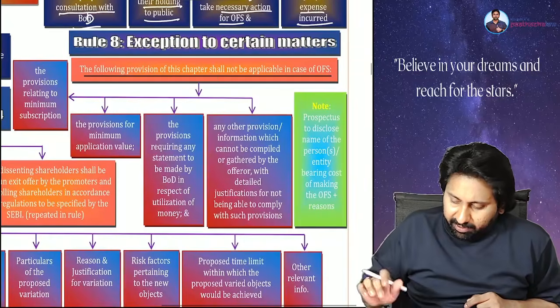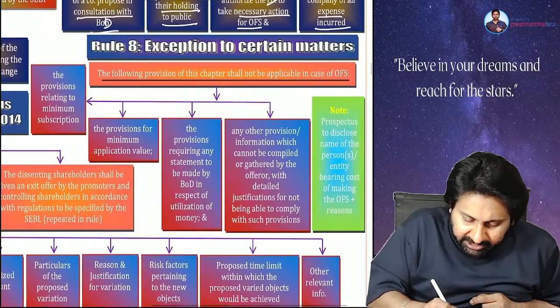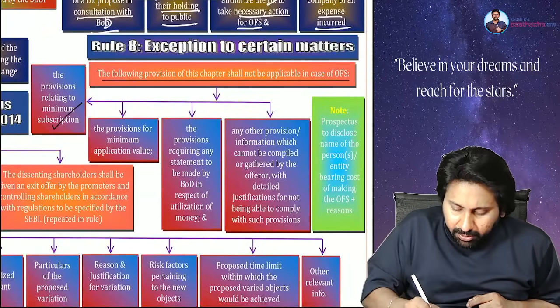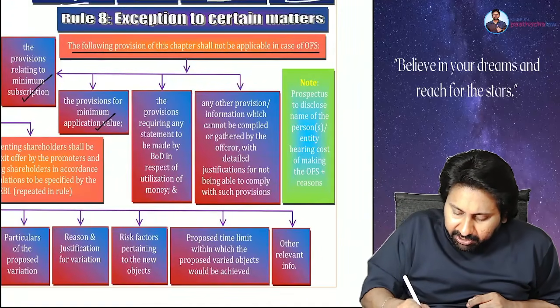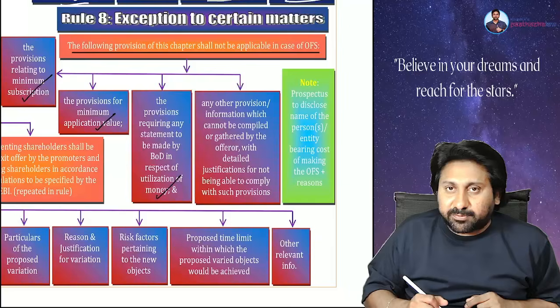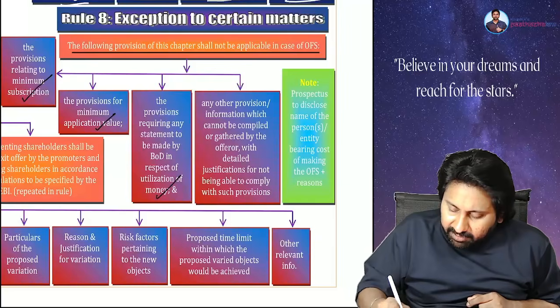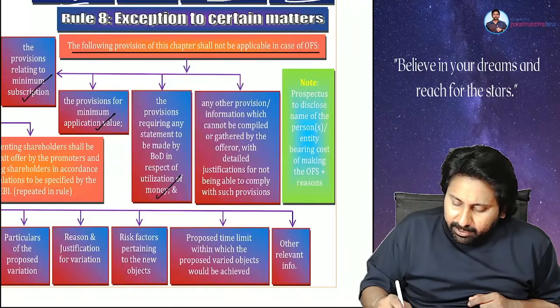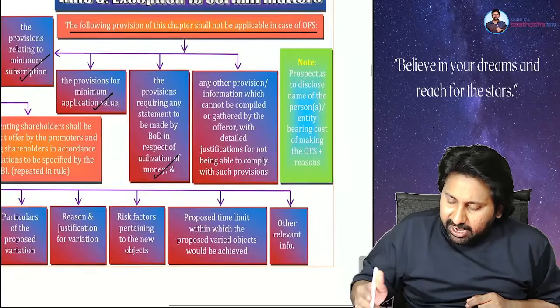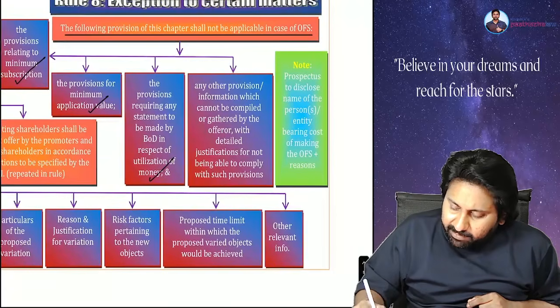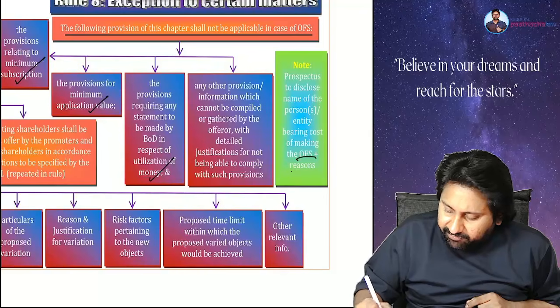Okay, one by one. The provisions relating to minimum subscription, provisions relating to minimum application value, provisions requiring a statement to be made by the board of directors in respect of utilization of money, any other provision or information which cannot be complied with or gathered by the offeror, with detailed justifications, and the prospectus to disclose the name of the persons bearing the cost of making the OFS and reasons.